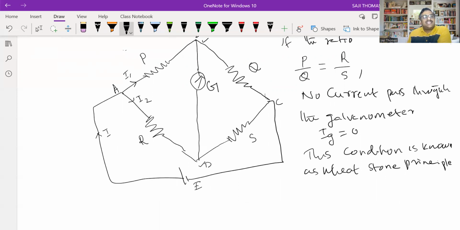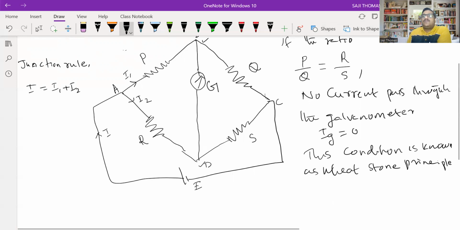By using the junction rule, current entering the junction is equal to current leaving the junction. I equals I1 plus I2.